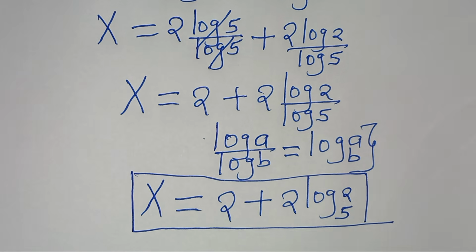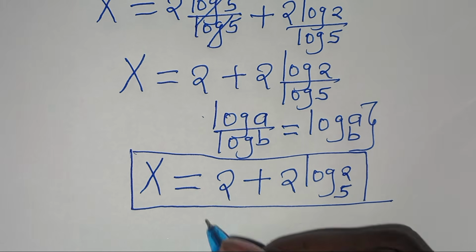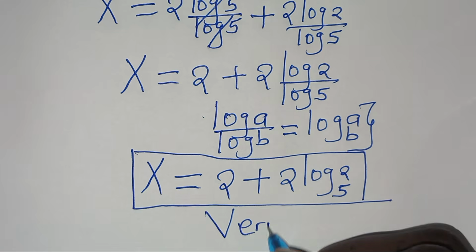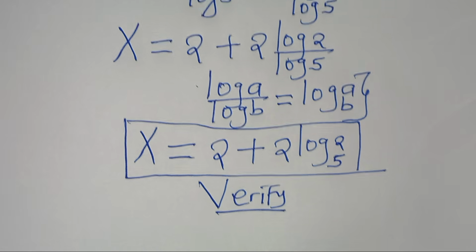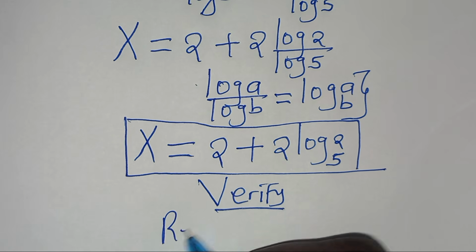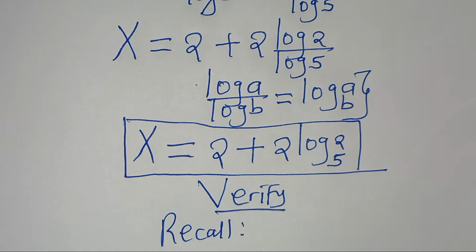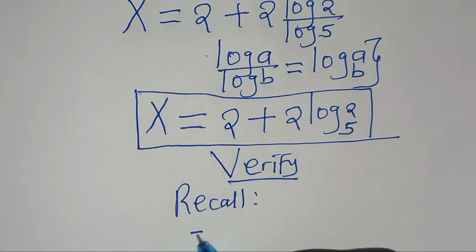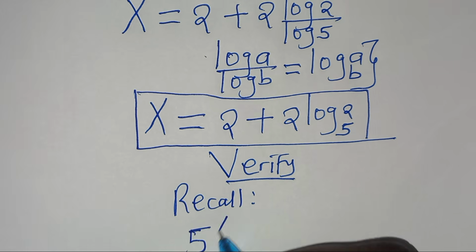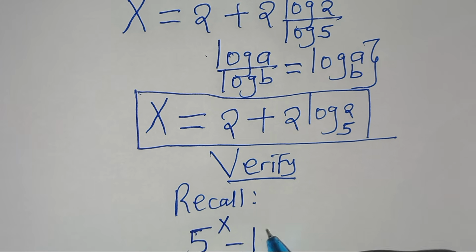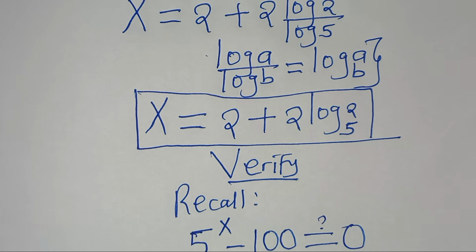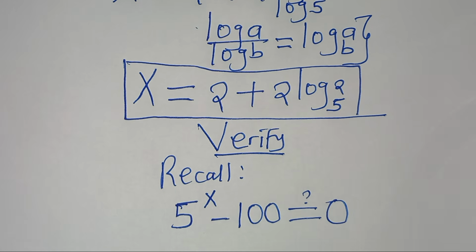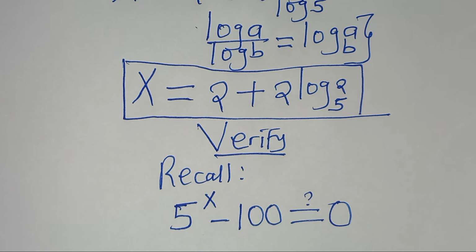The next step from here is to verify that this value of x satisfies the equation. Now, if you recall, we have that 5 raised to the power of x, subtract 100, is supposed to give us a value of 0.